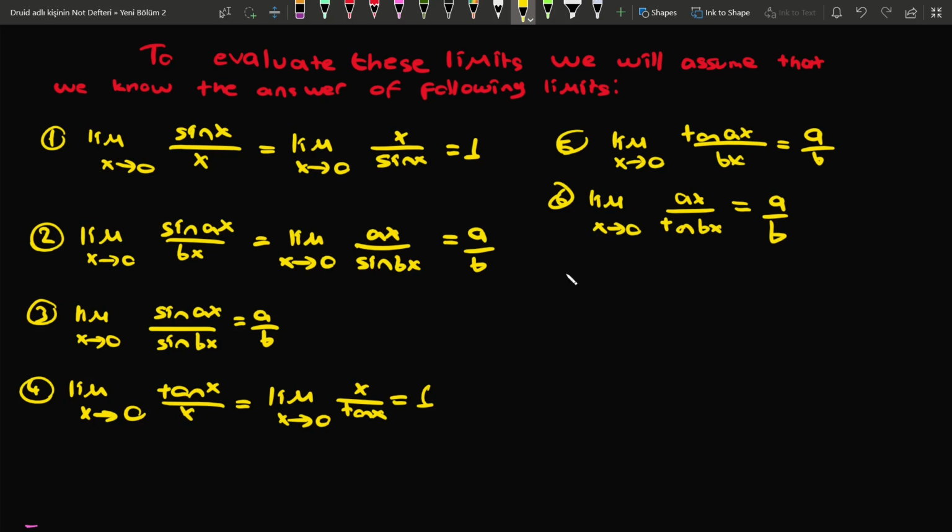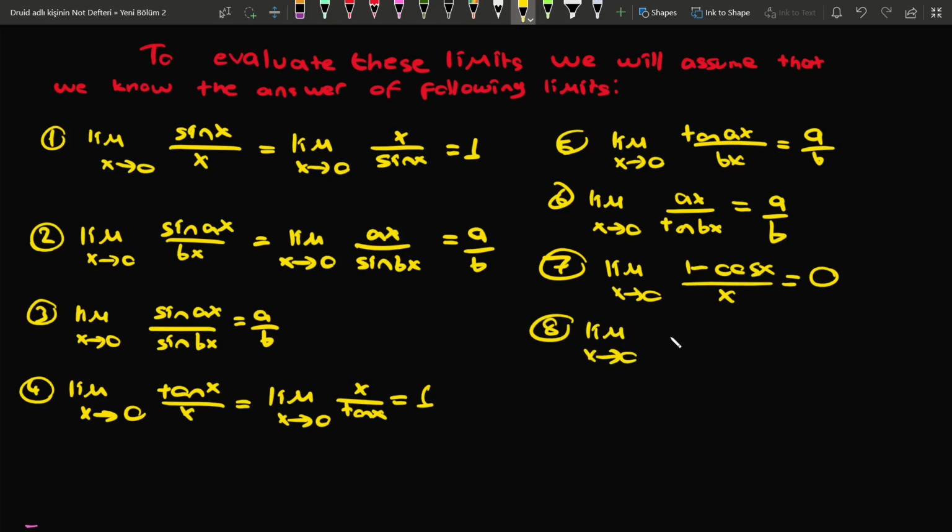And our seventh rule is going to be the limit of 1 minus cosine x over x is equal to 0. Eighth rule is going to be the limit of cosine x minus 1 over x is equal to 0.